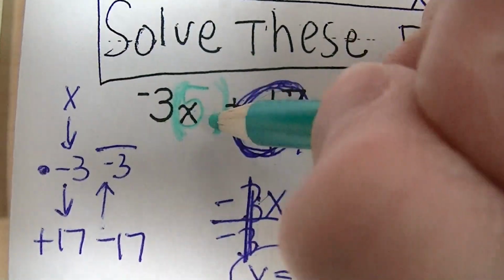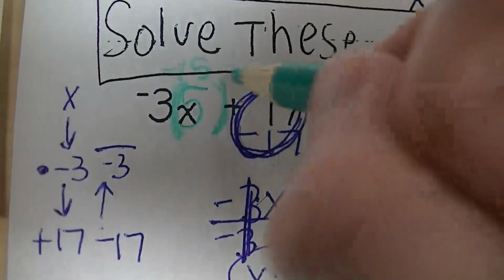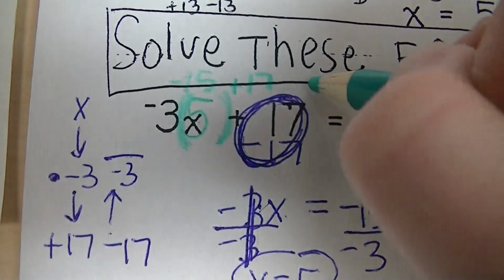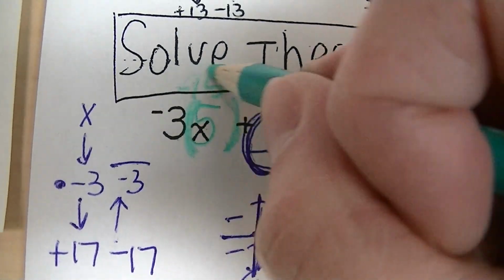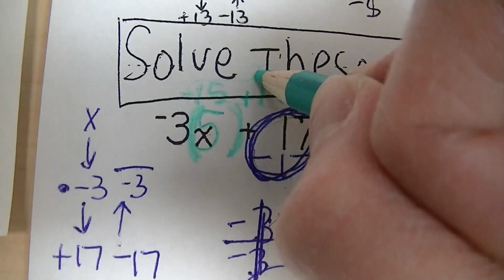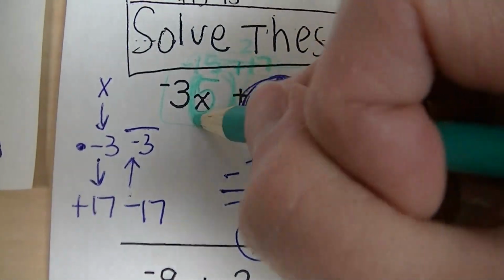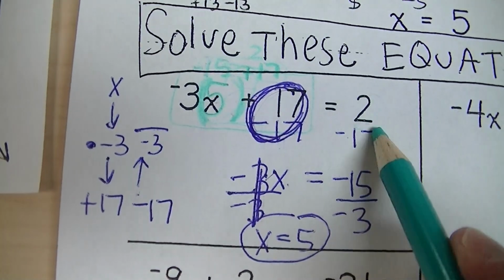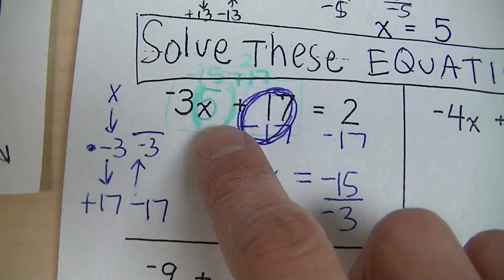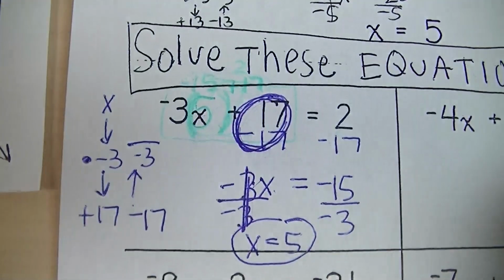So -3 times +5 is -15. And then you're going to add to it 17. Okay? So -15 plus 17, this value right here is +2. So this side right here, after I've substituted that 5, it equals 2. And I know this is correct because 2 does equal 2. When I substitute that 5 in there, this side equals 2, this side equals 2. Since 2 does equal 2, that is correct.